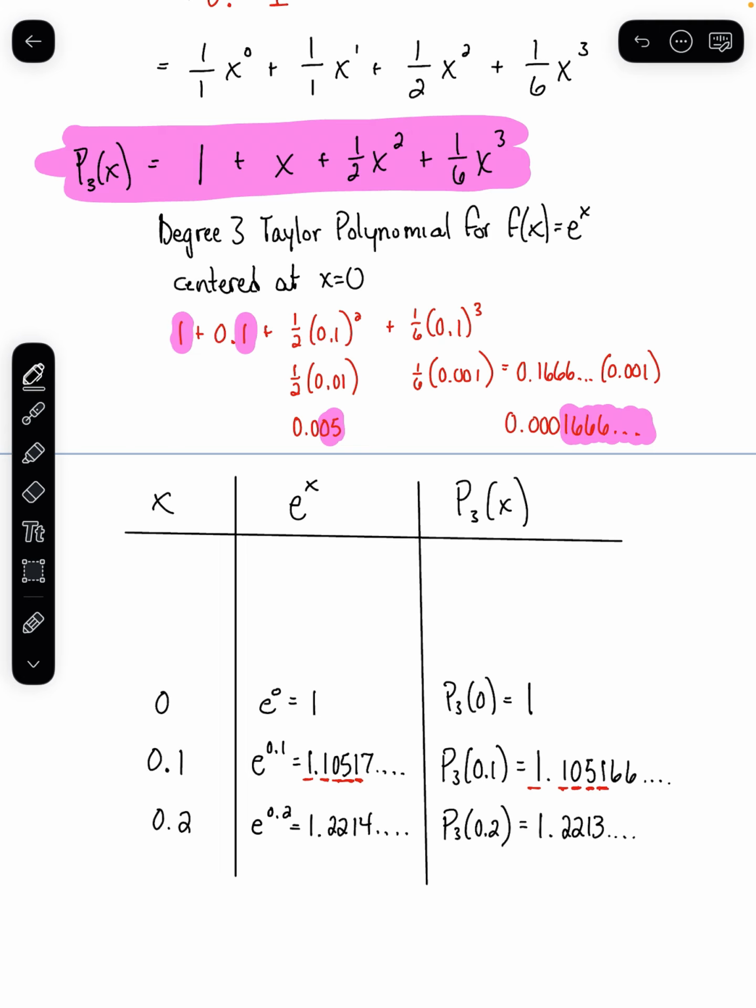In this case, we see our difference not in the hundred thousandths place, but in the 10,000ths place. So we see that difference in their values a little bit sooner because the polynomial is a little bit less accurate as we get further away from our centering value.